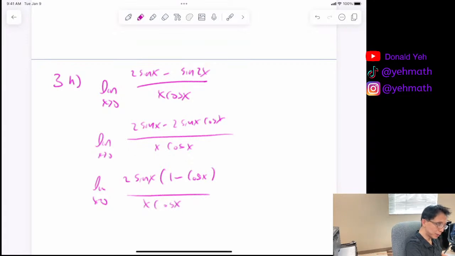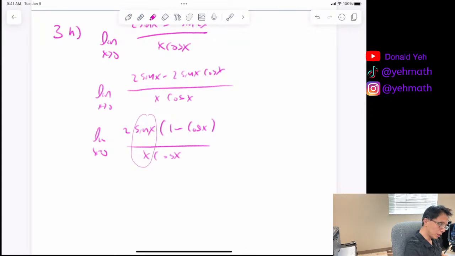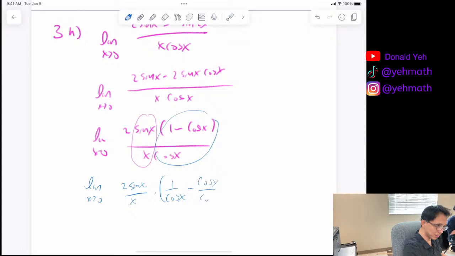Now, do you see something here? That's 1, right? And I can say limit x approaches 0, 2 sine of x over x, that one we already know. And then what we have left over is splitting, and that's going to be times 1 over cosine of x minus cosine of x over cosine of x.